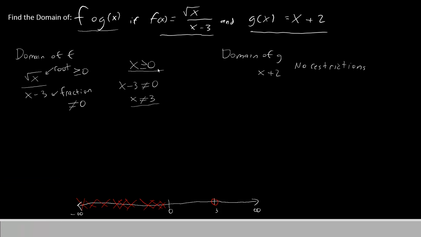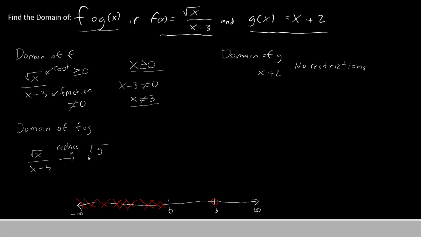Now that we've graphed out the restrictions from both f and g, let's find the composite function and try to figure out the restrictions from that. So we'll do a section below that for the domain of f composite g. We begin by writing f, as always, root x divided by x minus 3. Replace all of the x's with g's.